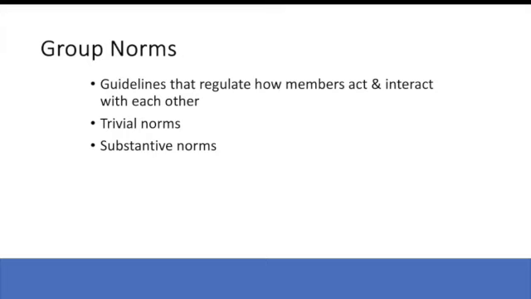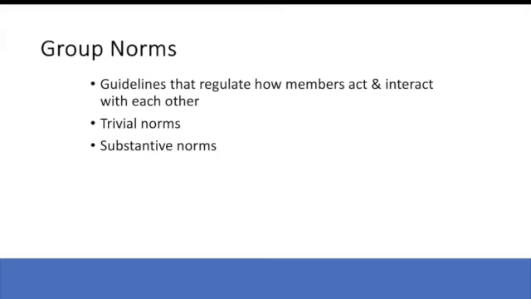Some examples of trivial norms are arriving on time or refraining from using your phones during the meetings or having a certain kind of seating arrangement. Some examples of substantive norms are expecting full transparency during decision making and adhering to a collaborative approach or maintaining confidentiality about sensitive subjects that might be discussed, right?